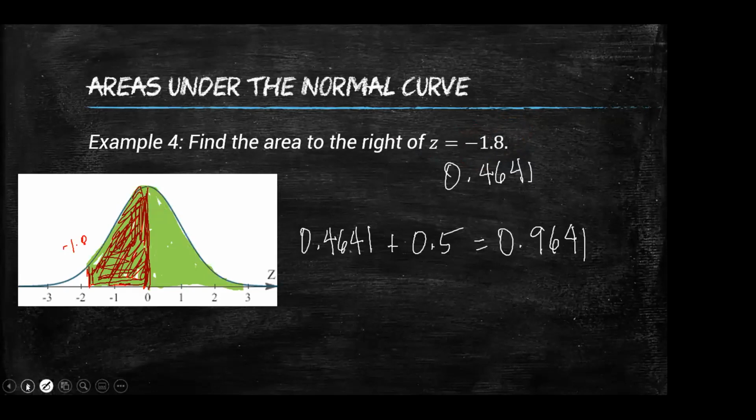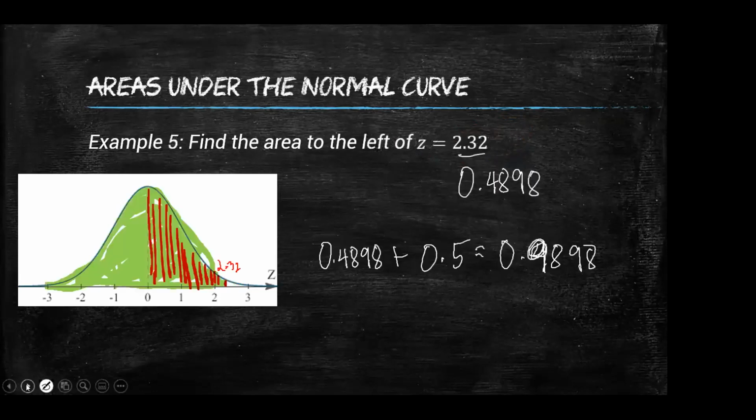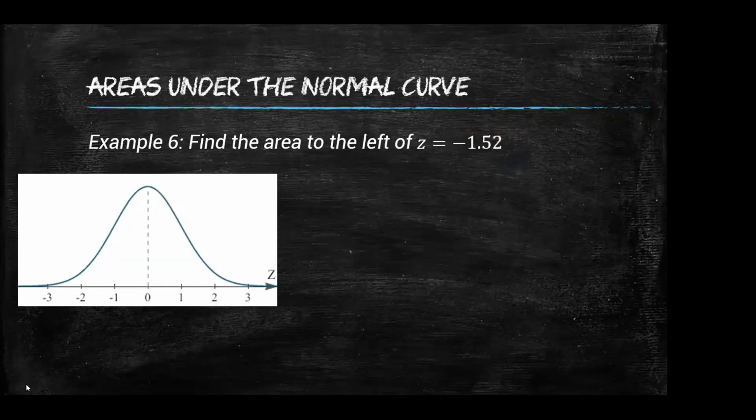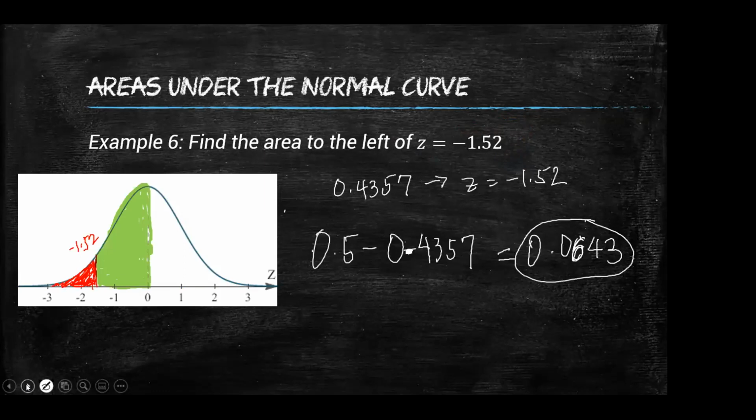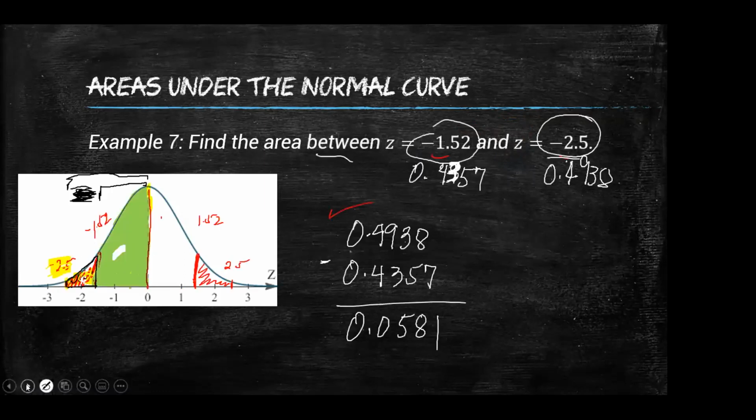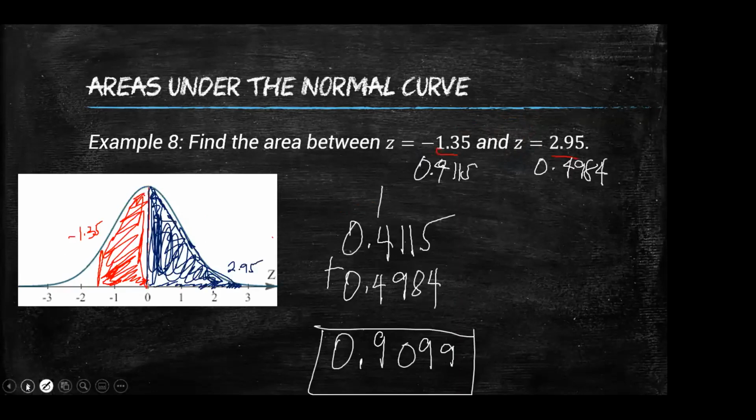Pero ito ay, what if negative? Okay? Pag area to the left, ito siya, pero positive. Pag area to the left, ito yung gagawin. Ito yung find, kapag same sign, ito yung gagawin, di ba? Ayan. Pag magkaiba yung sign, tapos mag-given na magkaiba yung z-score.